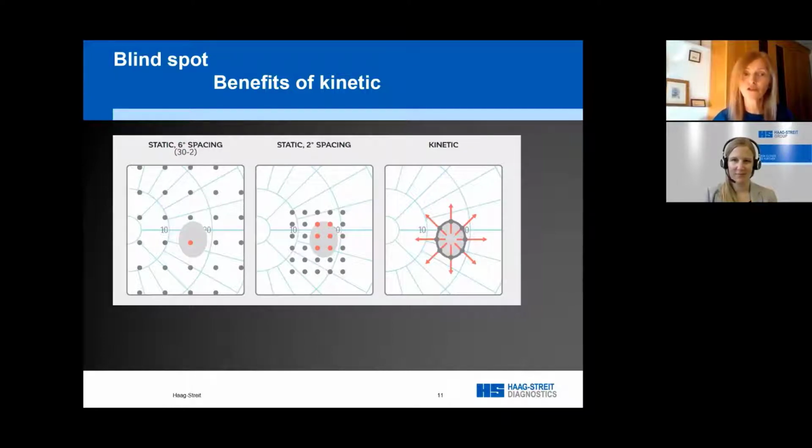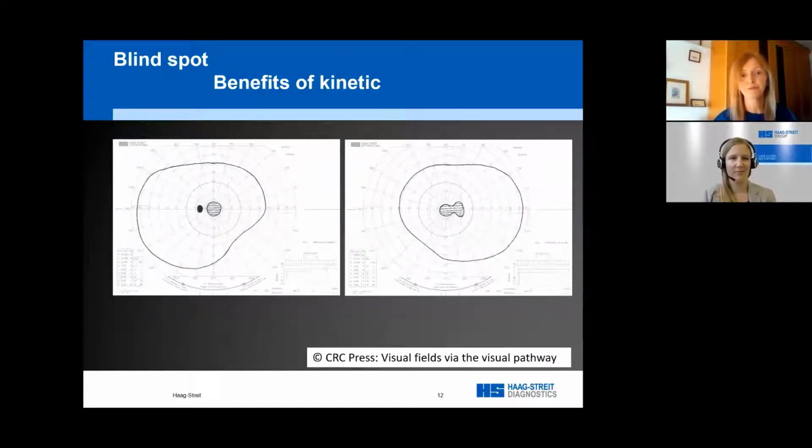There's also more control, I think, with testing the central area near the blind spot with kinetic testing. So it's actually easier to map the central defects that might be within that area. Now, if you move to the next slide, it gives an example. Having good control over testing that central area is important from a diagnostic point of view.